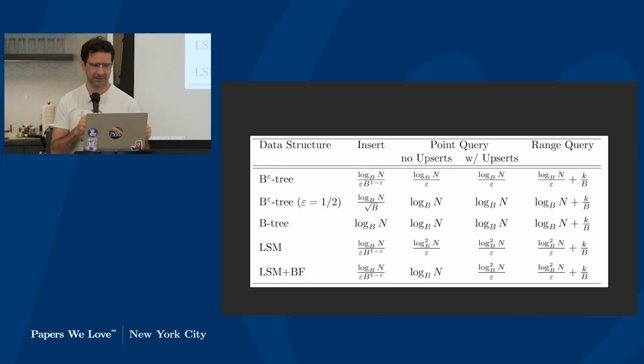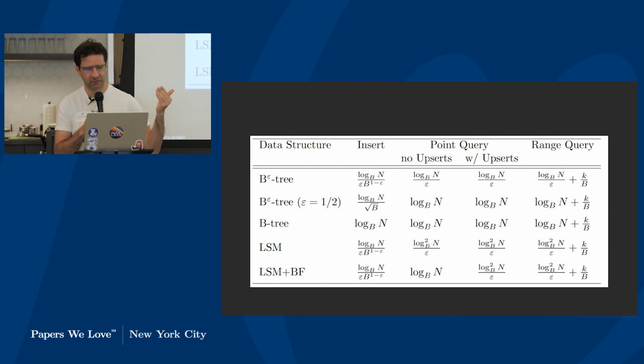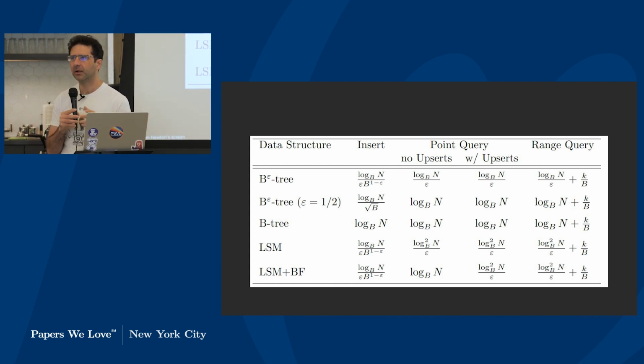So with that, this is the comparison in performance from the paper. If you look at the cost of a B epsilon tree, the most general case is where you have epsilon as some variable that you can tune. Epsilon is essentially the ratio that you split between buffers and pivots.